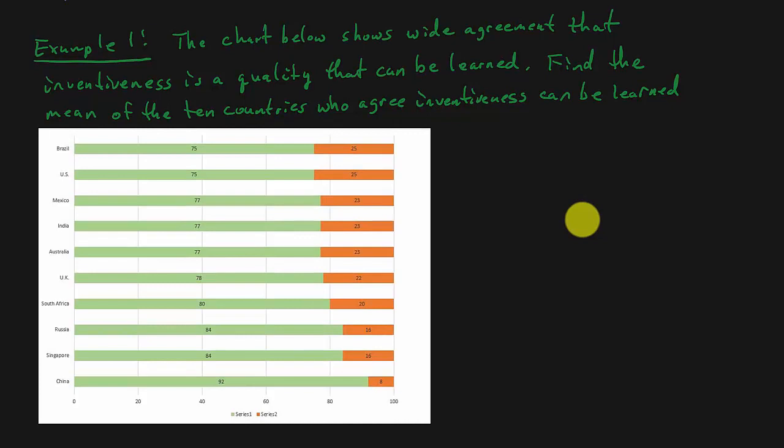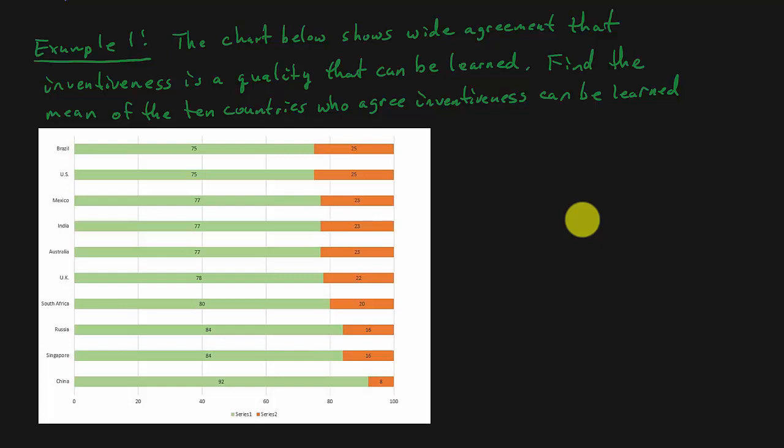It says the chart below shows wide agreement that inventiveness is a quality that can be learned. Find the mean of the 10 countries who agree inventiveness can be learned.